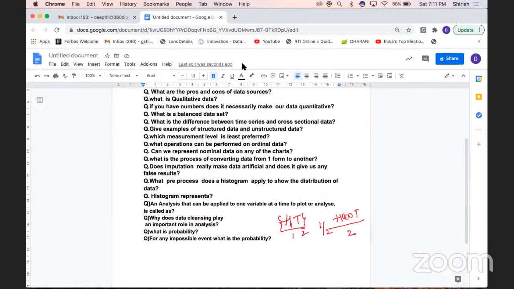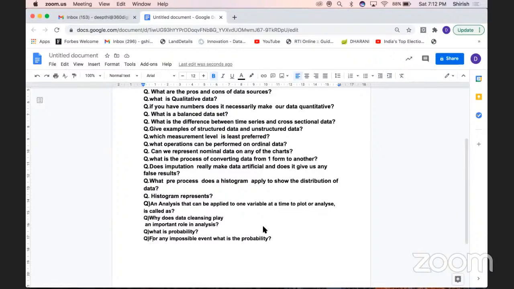So if you talk about impossible events, if the probability of an event is 0, we say that it is an impossible event.